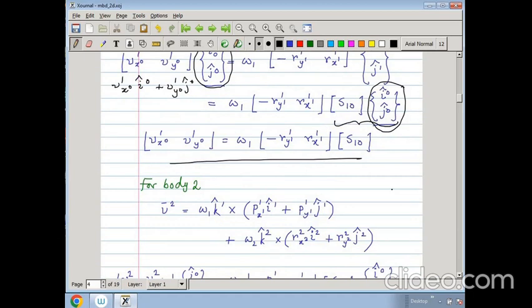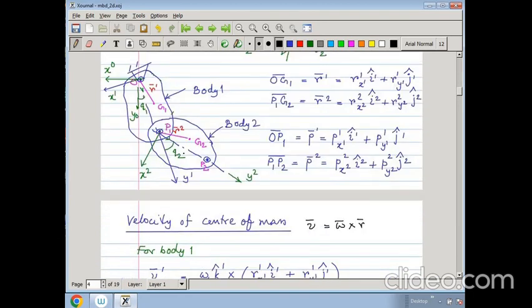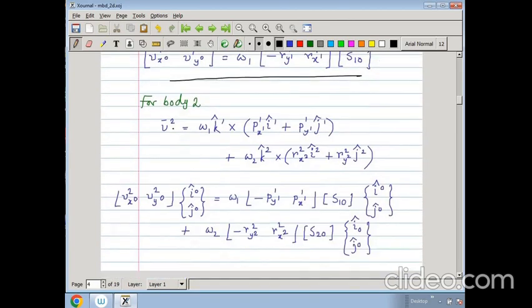So again for body 2, the velocity of the center of mass is the velocity of point P plus the velocity of G2 with respect to P. So these are the two components.